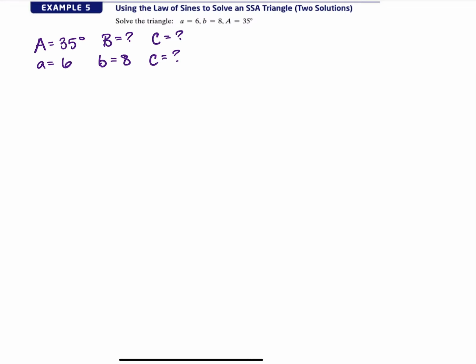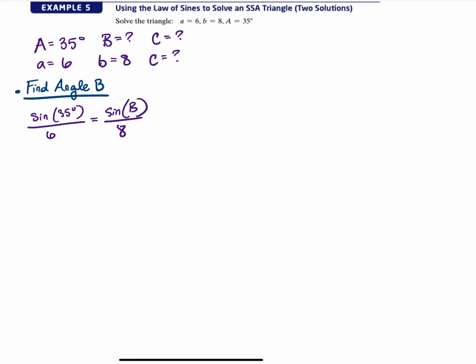Let's try to find angle B. So let's create a law of sines statement between A and B. So we can say the sine of 35 degrees over 6 should be equal to the sine of B over 8.